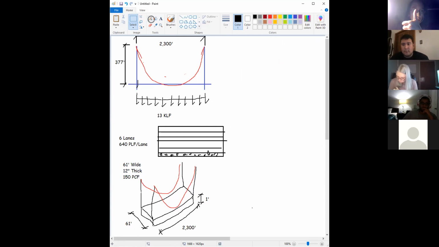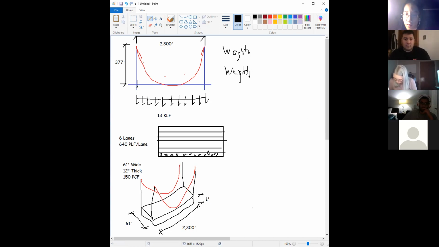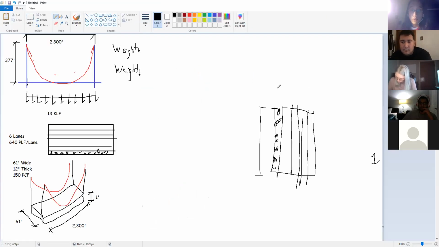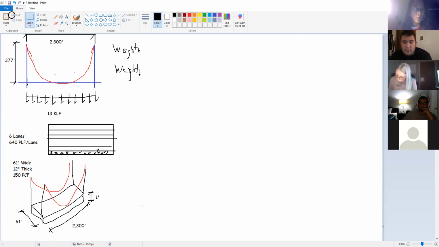We're going to find the weight of the entire bridge, find the weight of the traffic. And then, are we not going to add this up? Okay, no, we're not going to add this up. Okay, yeah, all right, cool. So let's go full screen, and hopefully I'll remember everything.